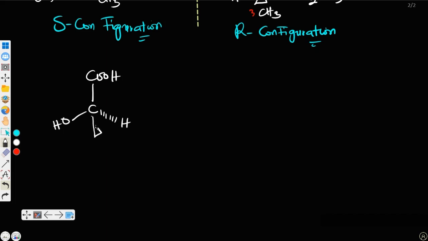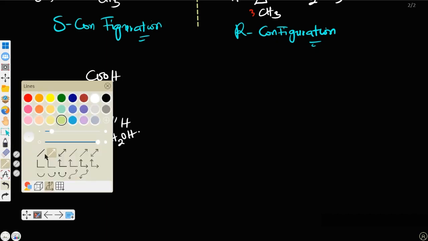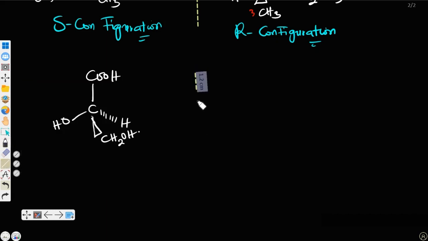Let's say CH2OH, and you were asked to write the configuration for this and then the enantiomeric form of this.